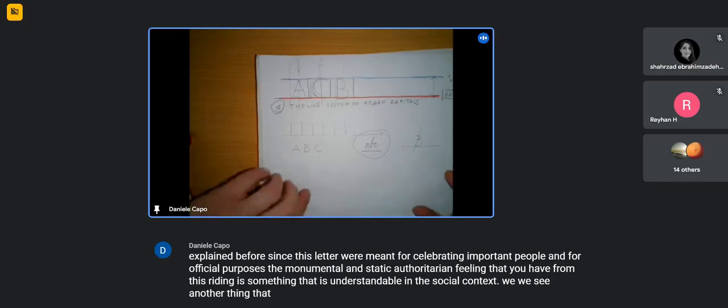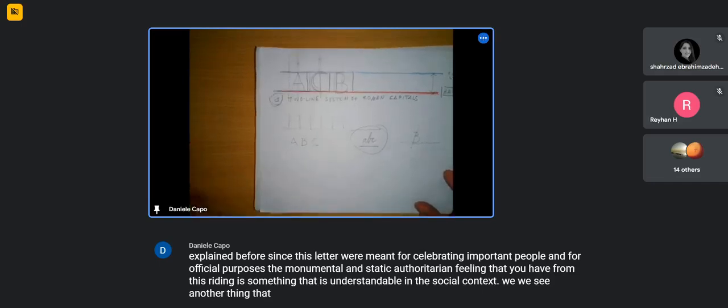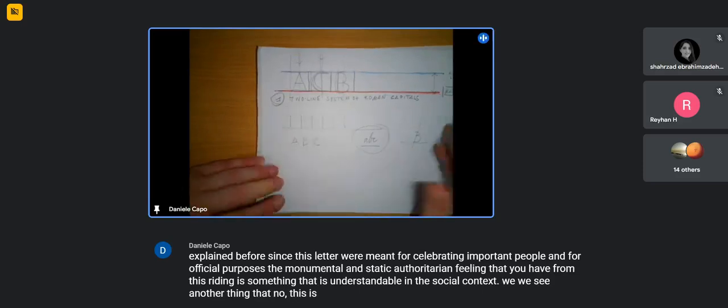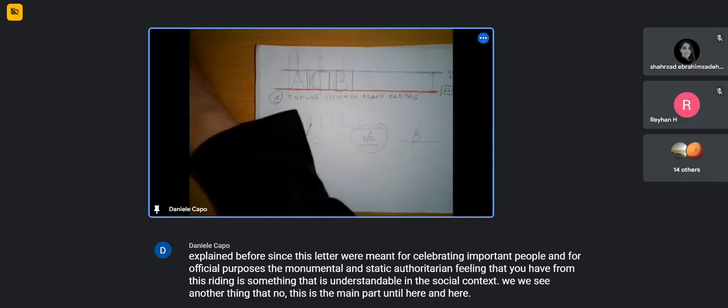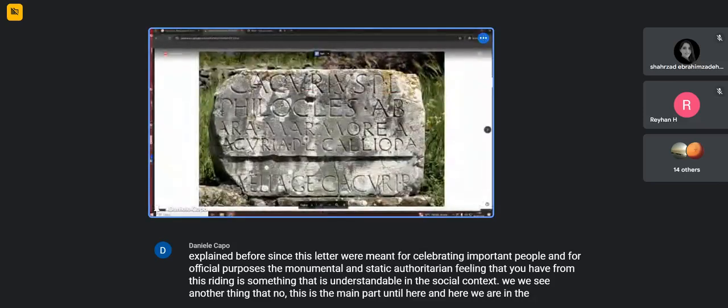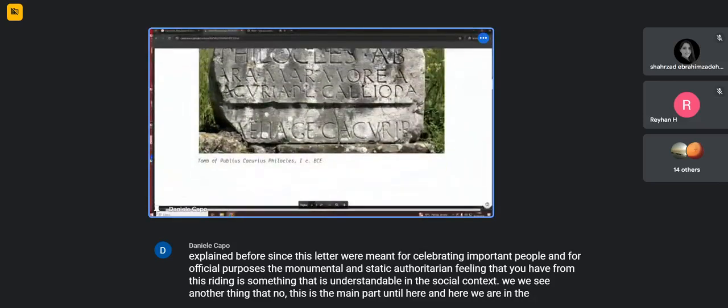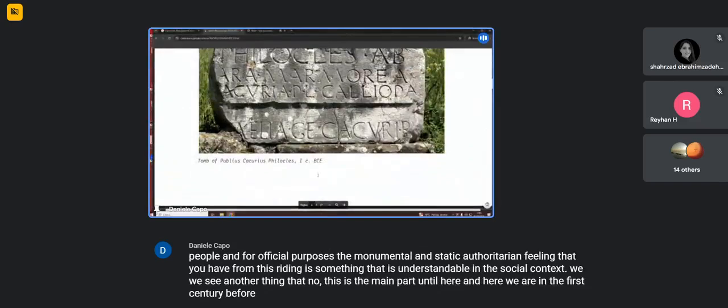Another thing that, no, this is the main part until here. And here we are in the first century before Christ. It was a period that, politically speaking, Rome was a republic, okay?